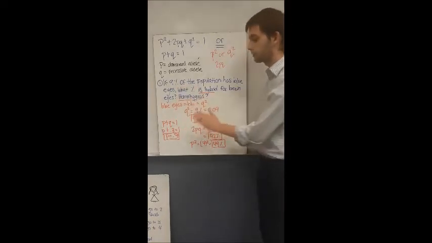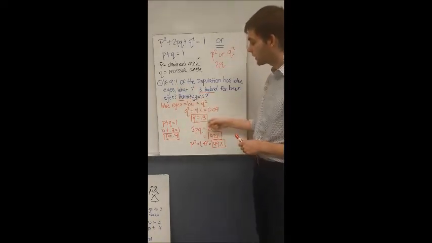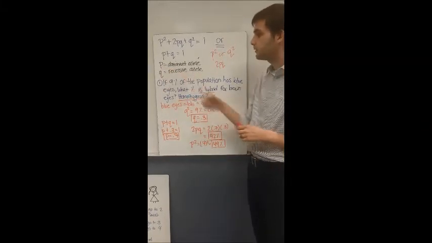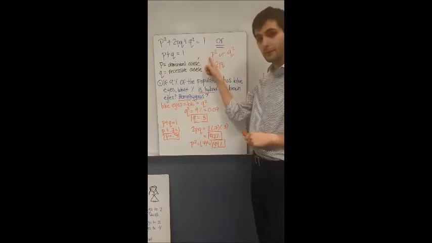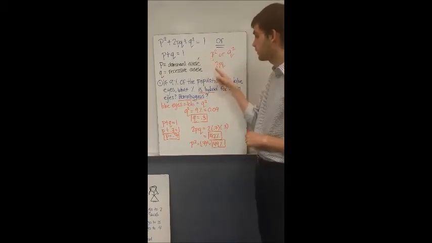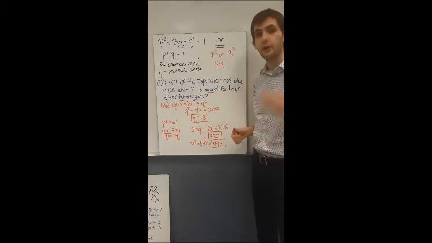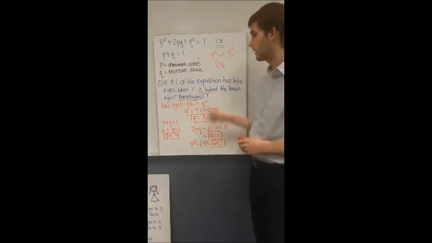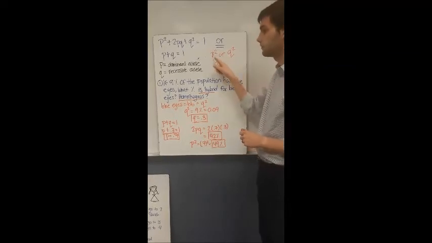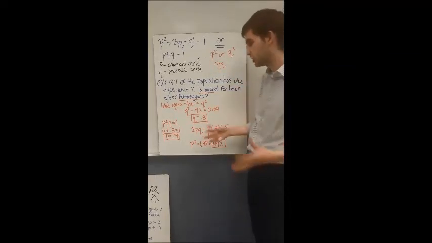This is really important because in most problems, you're going to have to solve for Q before you can solve for P. And the reason why is because P represents the dominant allele. So you can have individuals who are homozygous dominant, showing both dominant alleles, or an individual who's hybrid. Remember, if they have that dominant trait, they will also show the dominant phenotype. So both of these have the same phenotypes, but different genotypes.